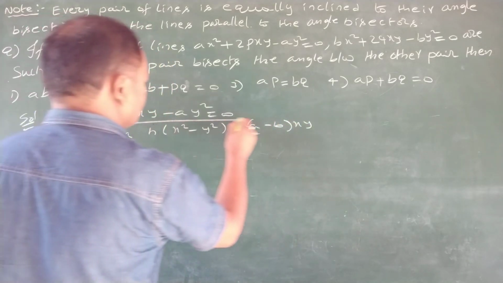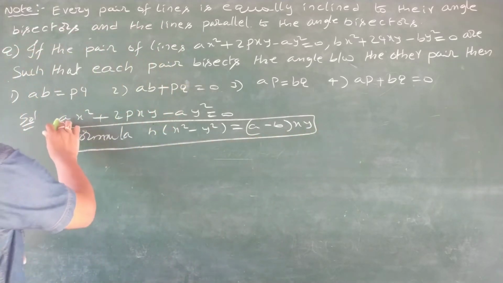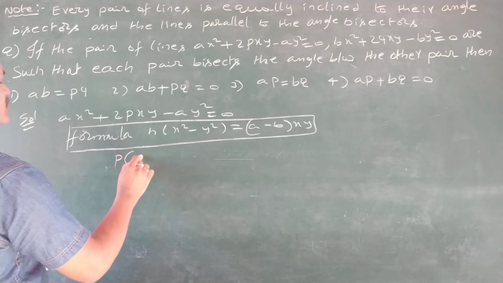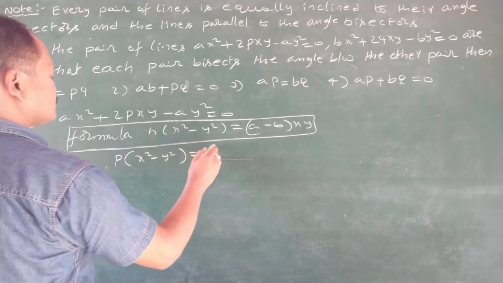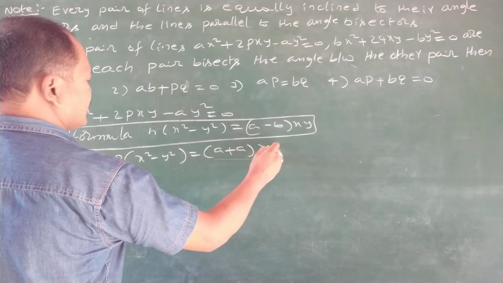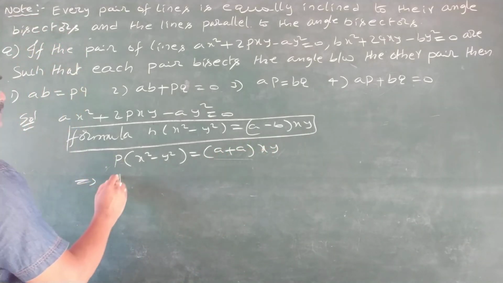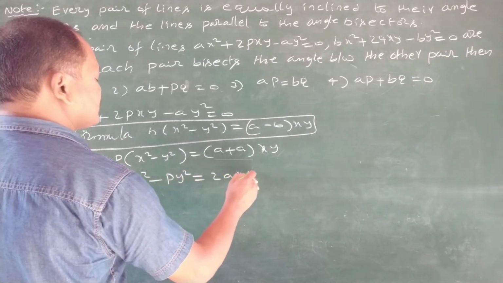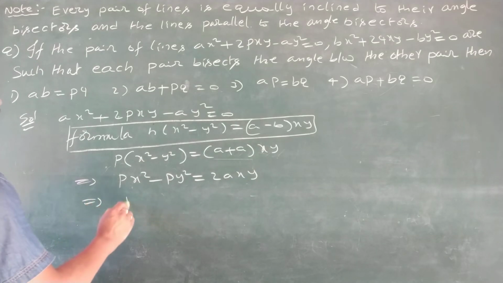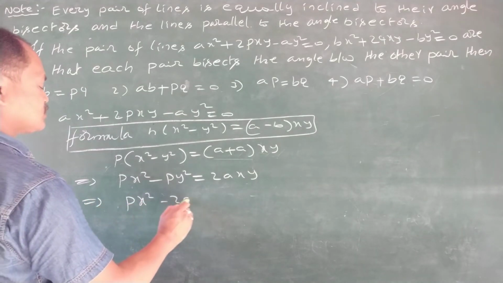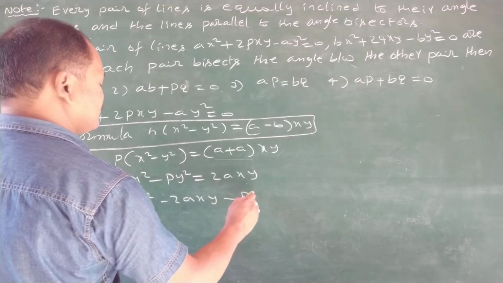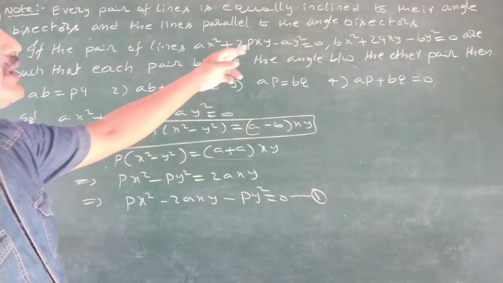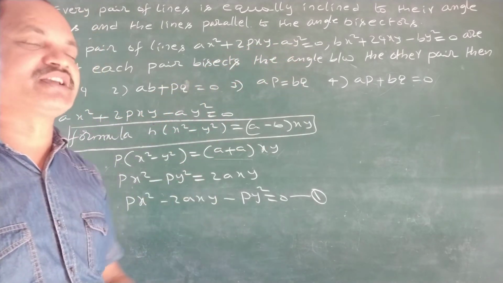According to this form, a is a, b is minus a, h is p, so p times x square minus y square is equal to a plus a into xy. From this, px square minus py square is equal to 2axy. Now from this, px square minus 2axy minus py square is equal to 0, taking it as 1. This one and the given second line represent the same lines.